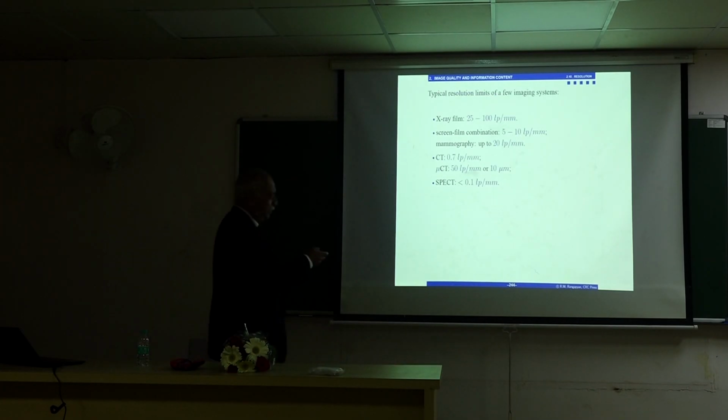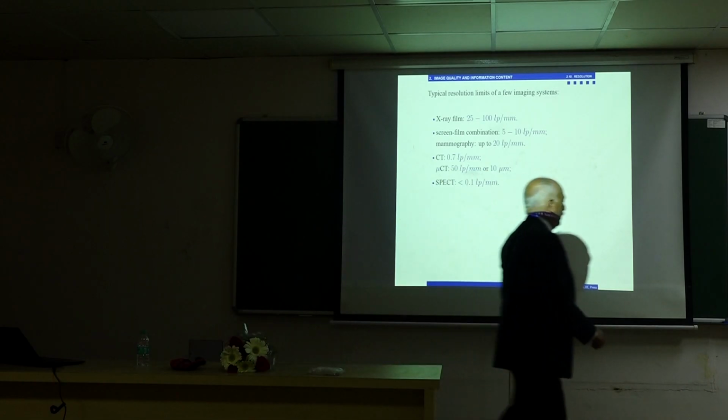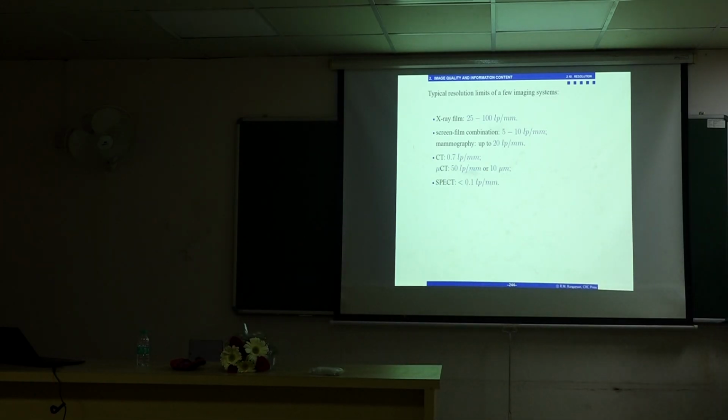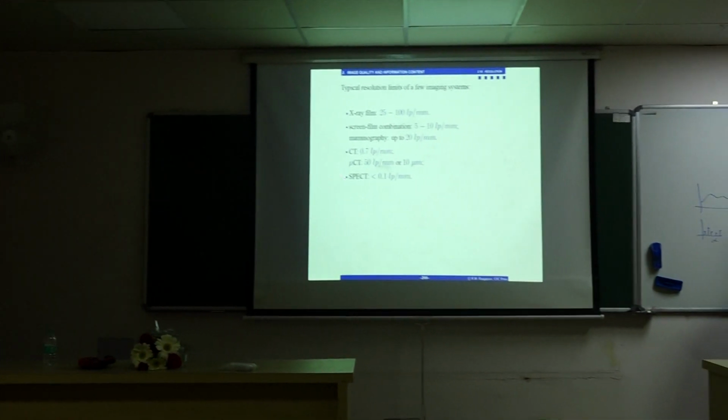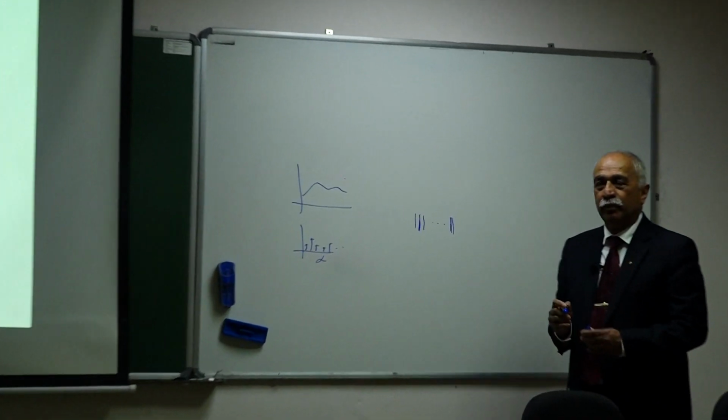So X-ray film was previously quoted in terms of line pairs per millimeter. Line pairs means your test object has lines, with very thin separation.